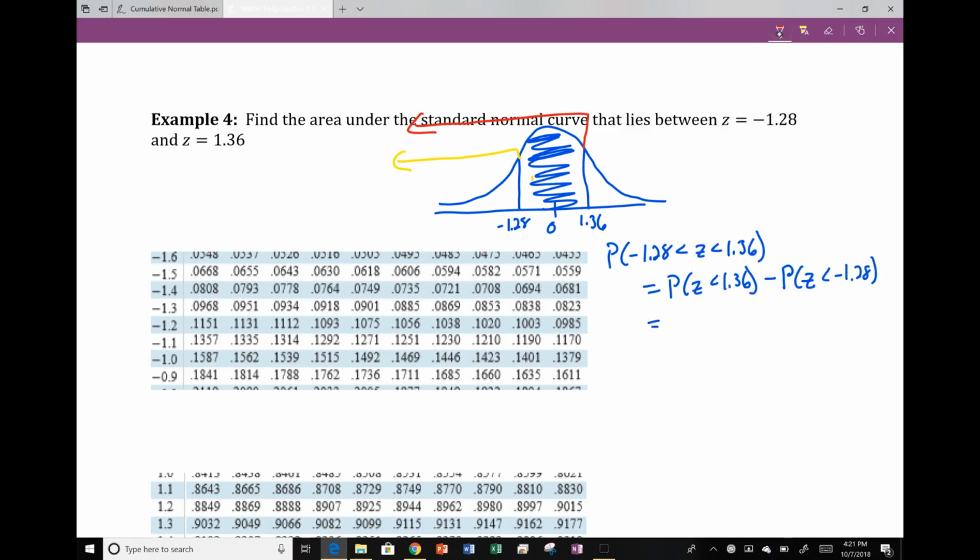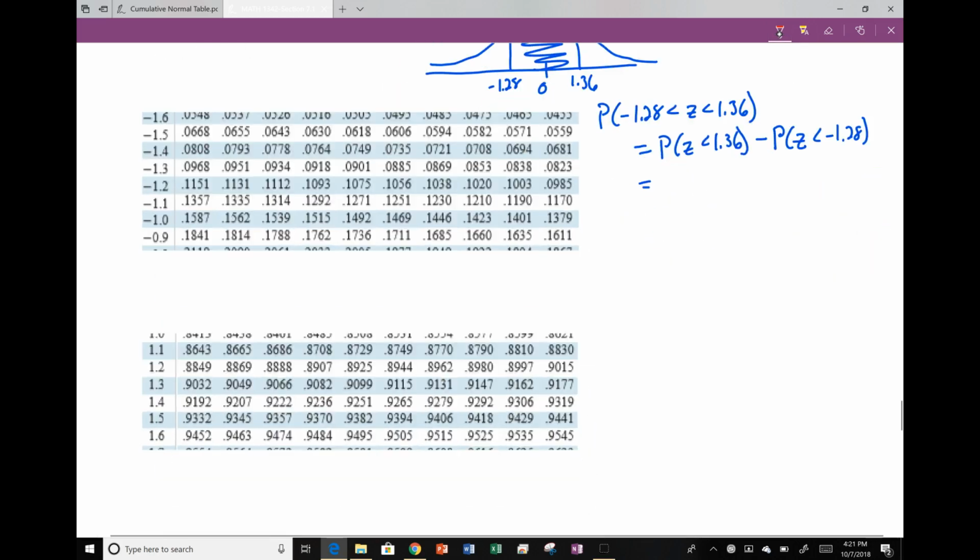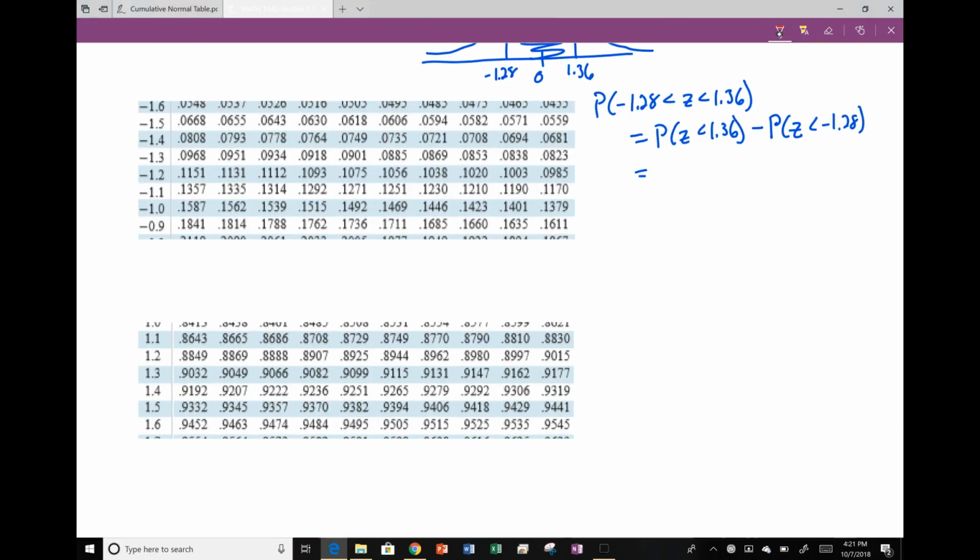So let's look for the 1.36. I have to go to the positive side, 1.3. And notice I don't have the values across the top, but that's okay because this is 0, 1, 2, 3, 4, 5, and 6 here. So the area to the left of 1.36 is going to be 0.9131.